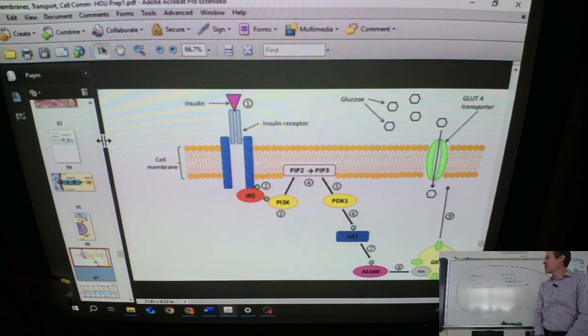All right. So whenever insulin hits an insulin receptor, what's like the final outcome?